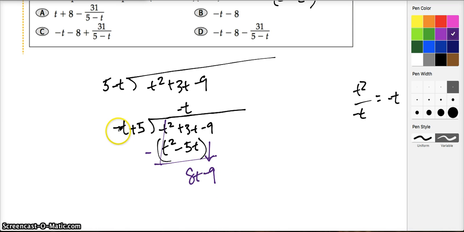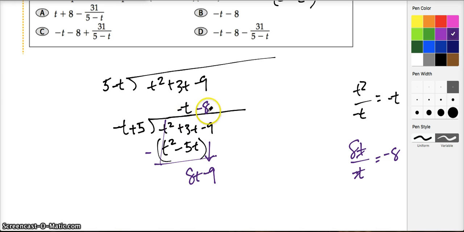Now I'm going to ask myself, how many times does negative t go into a positive 8t? So I'm thinking about this, and I see that it goes in negative 8 times, because a positive divided by a negative is negative, and these t's cancel out. So I've got a minus 8 here.